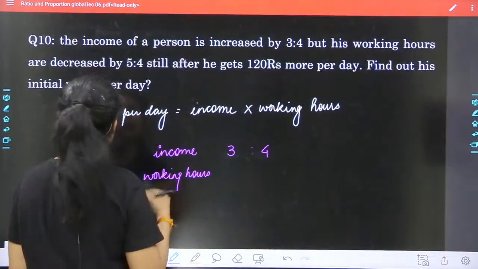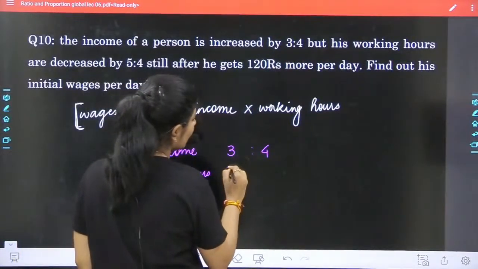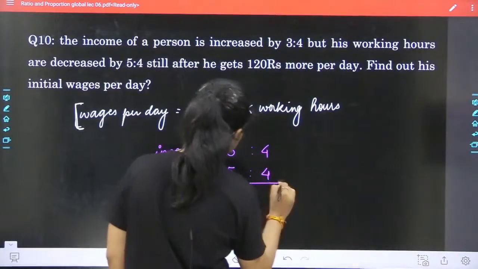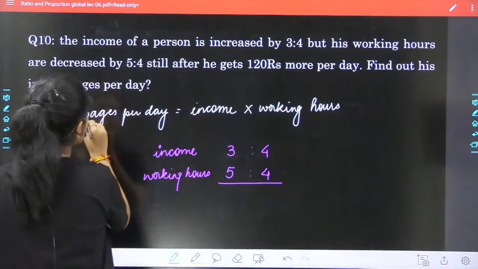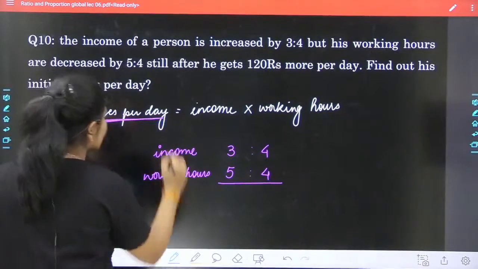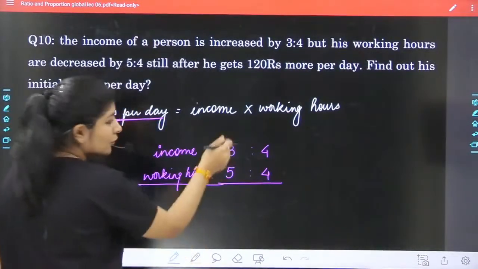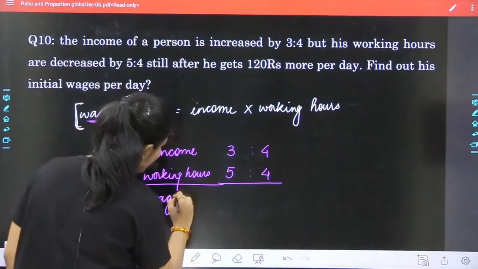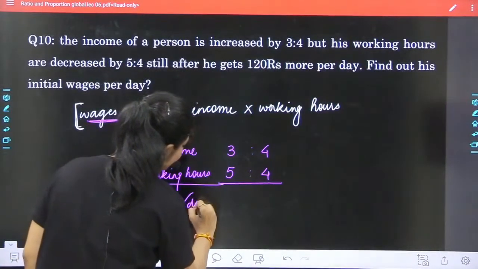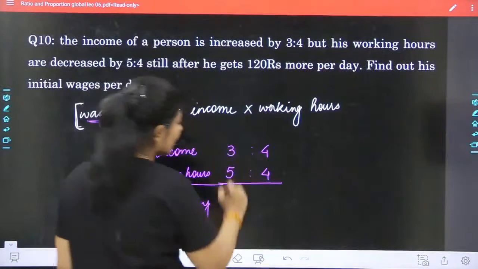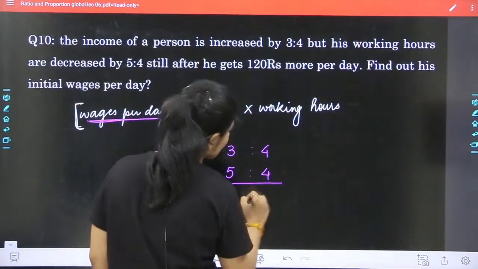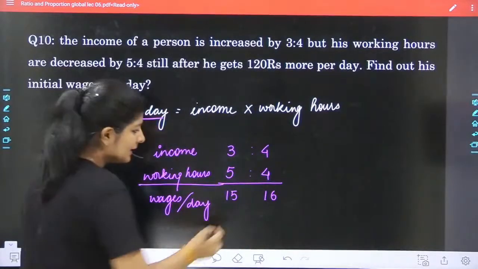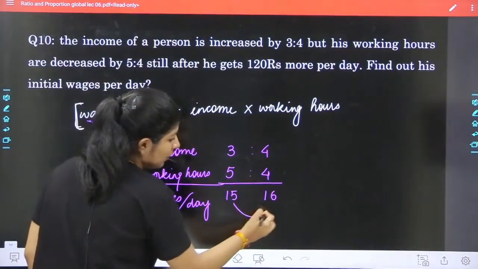Initially he is working for 5 hours, but now he is working only for 4 hours. Now we have to calculate the wages per day, so we simply multiply these terms. Initially he is getting 15 rupees, but now he is getting 16 rupees. That means he is earning 1 more rupee.